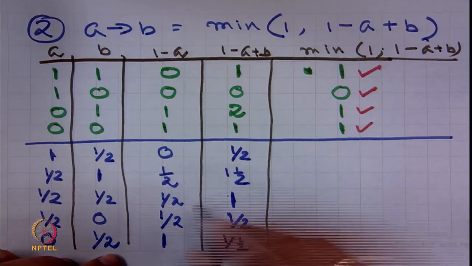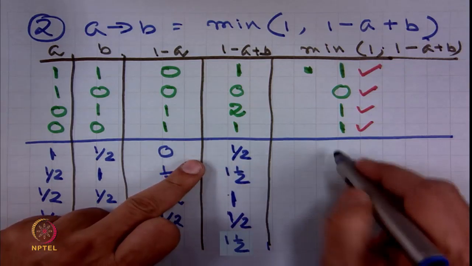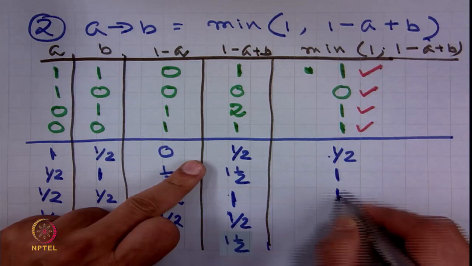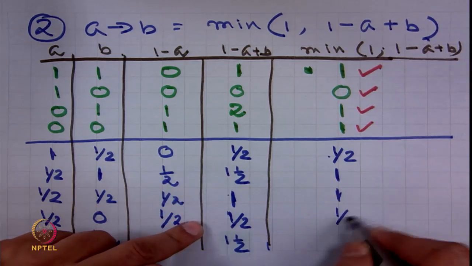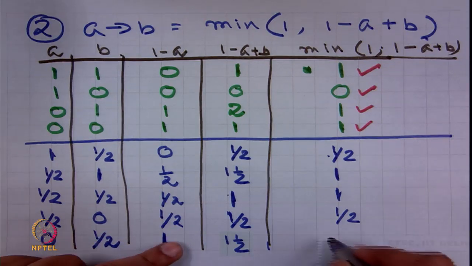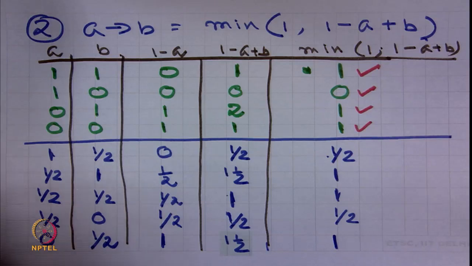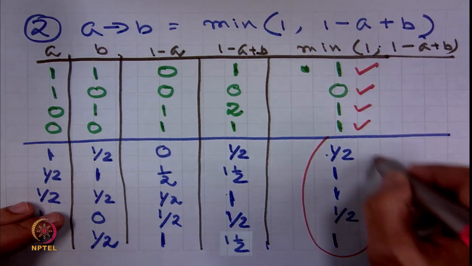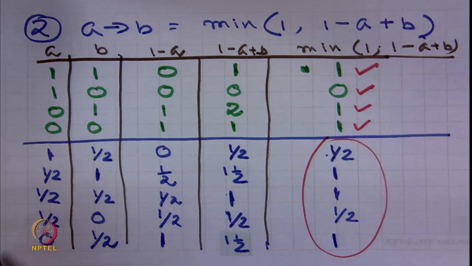Therefore, if we take minimum with 1, I get half, 1, 1, half and 1. Therefore, we get these 5 values here.